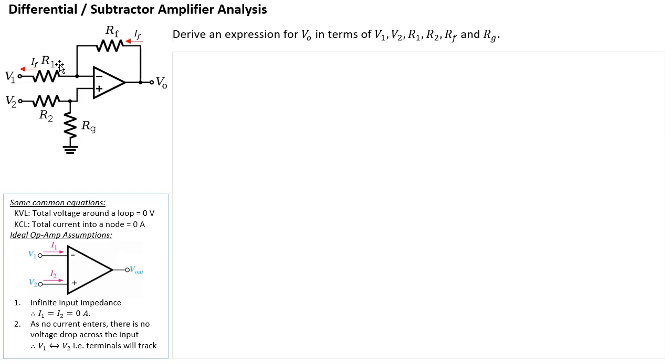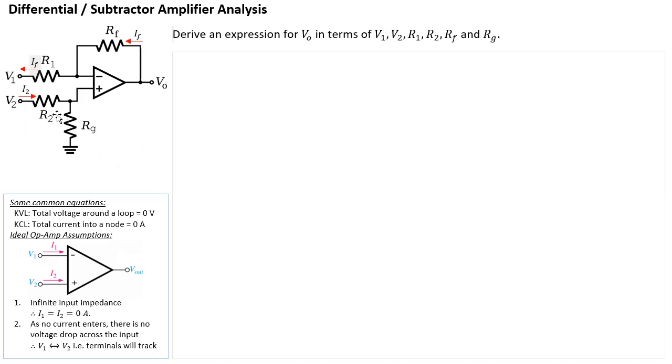Now let's have a look at the current that is coming from V2. If I label that current as I2, I2 would go through the resistor R2.